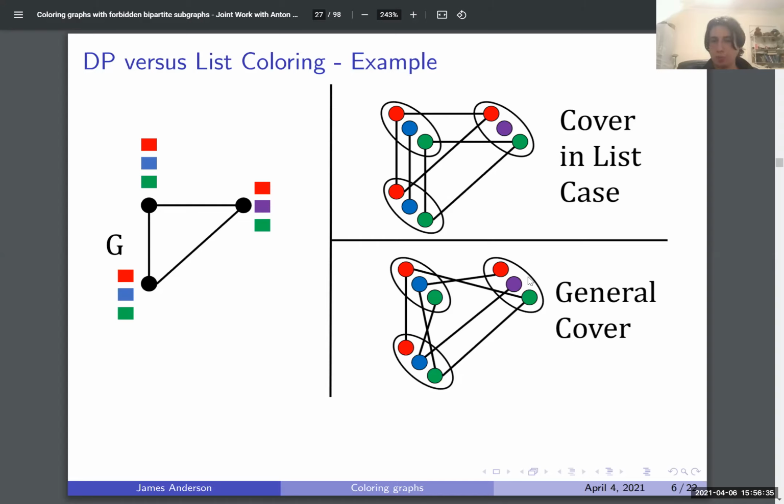And so now a proper H coloring for this cover H, well, we have to find an independent set. So for example, we could pick, again, red up here, and then blue down here. But if we did that, we could still pick red over here because red is not conflicting with this red over here. And so even though in G we shared an edge between these two vertices, we could still color them red.